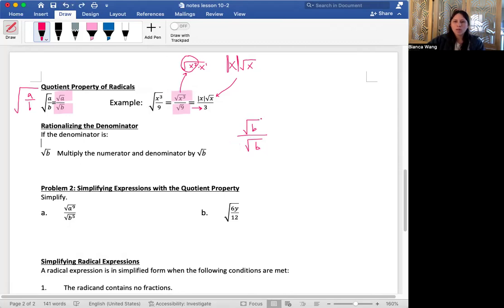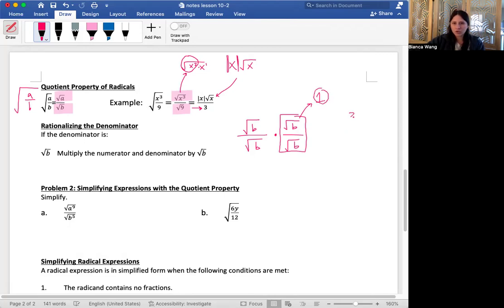So the way we're going to combat that is by multiplying by that denominator, writing it as a version of itself over itself. Okay, so square root of b over square root of b. This is basically just another version of 1.